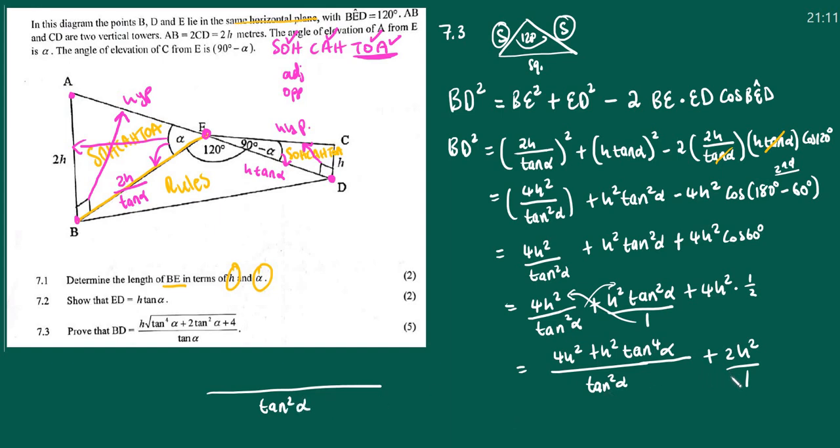Then this multiplied by all of these, it's going to be 4h squared plus h squared tan 4th power alpha. And then this multiplied by that, you're going to get 2h squared tan squared alpha. Okay, so do not forget that all of this is equal to BD squared.